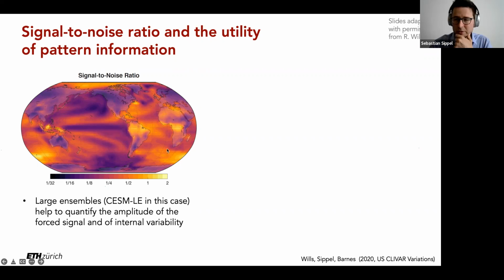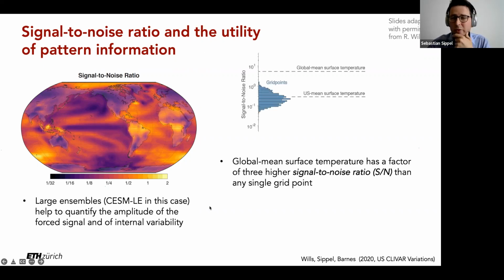But Klaus Hasselmann already told us in 1979 that we should not be using grid point statistics, which is essentially what we're looking at here. Instead, he said we should use the pattern information. And indeed, if we compute what are now called signal to noise maximizing patterns, we can look at their signal to noise ratio.